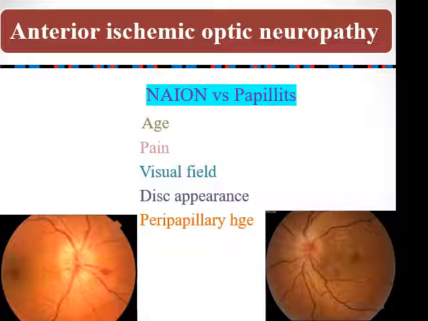Dyschromatopsia is proportional to the visual loss in cases of non-arthritic anterior ischemic optic neuropathy, while it is markedly affected, out of proportion to the degree of vision impairment, in case of papillitis.